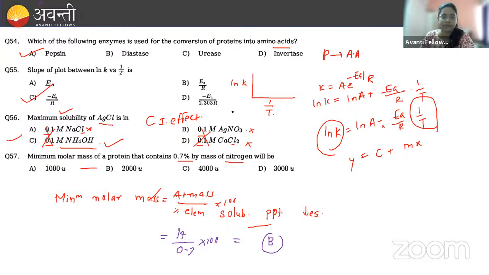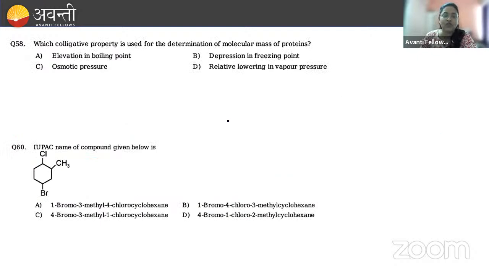Which colligative property is used for the determination of molecular mass of protein? Proteins are macromolecules, so we need to find out the colligative property which is applicable for macromolecules.